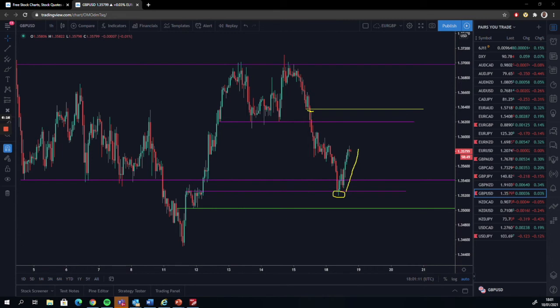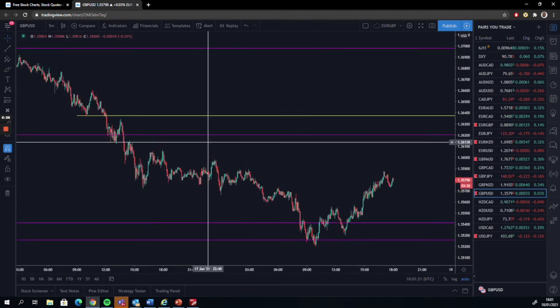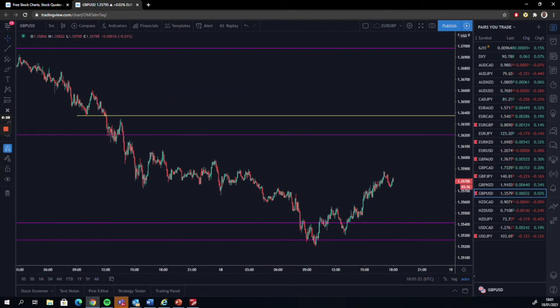If you look at these stops on the 5-minute chart, you can see there's an order block in this area, and this area was also previous support and the breakout area. The short-term stops are resting above here.